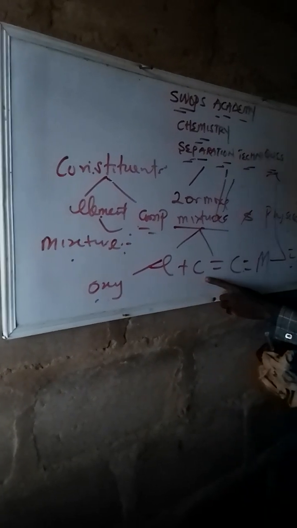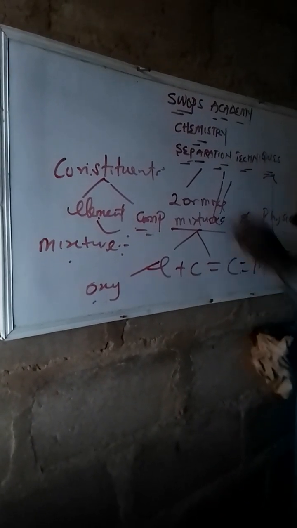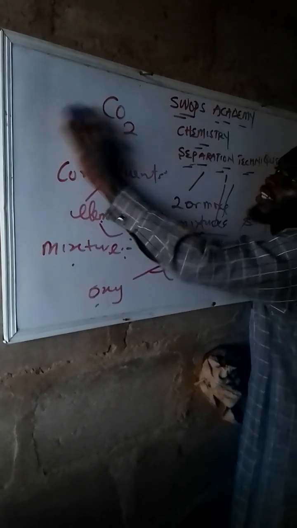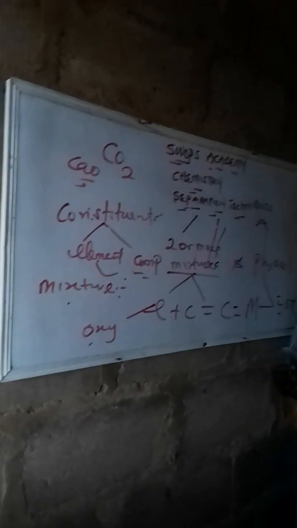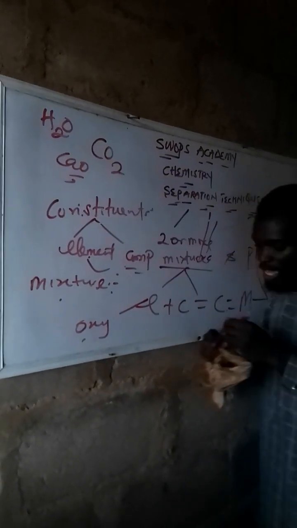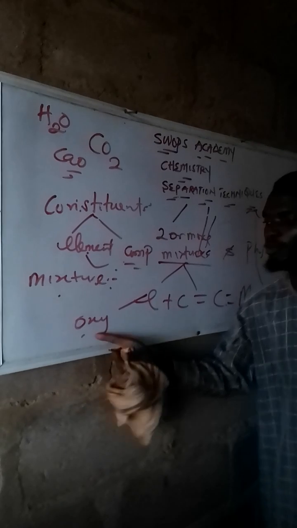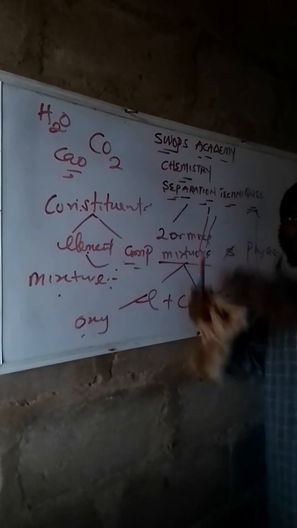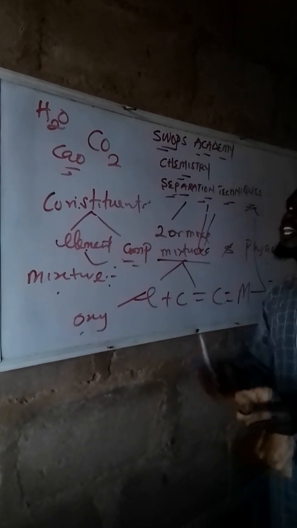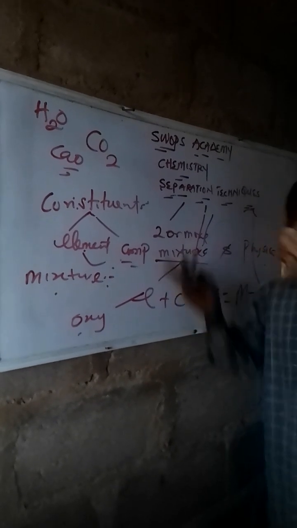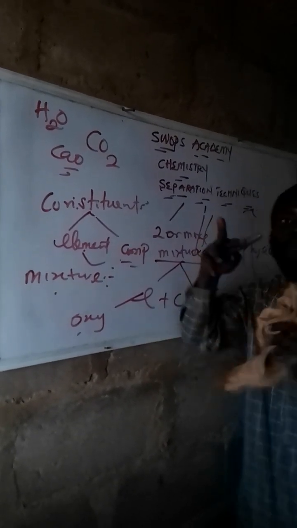When I say compound, we simply mean like CO2, carbon dioxide, like CaO, quicklime, in chemistry, H2O, water. All these things are compound. It is different from element. So the combination of elements forms compound. And compound elements of the same nature give molecule. A molecule can also be atoms of different elements.